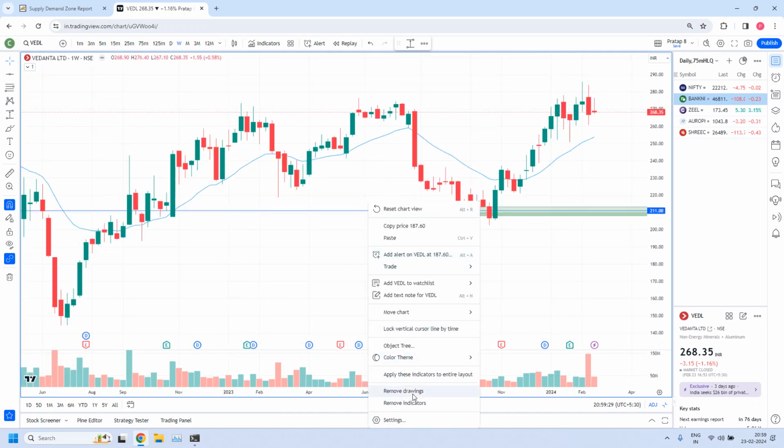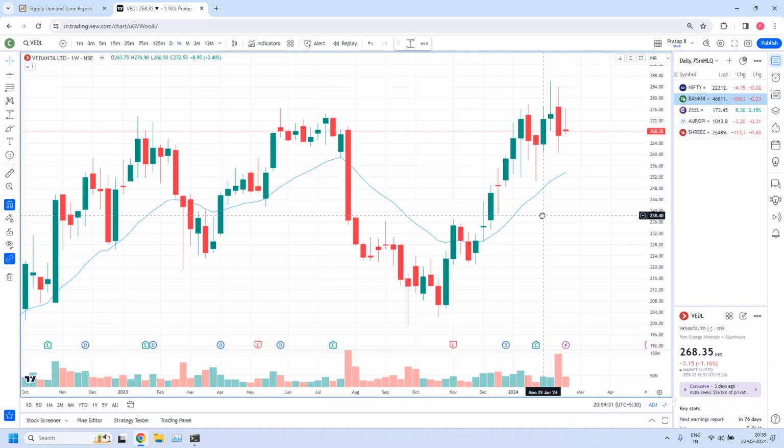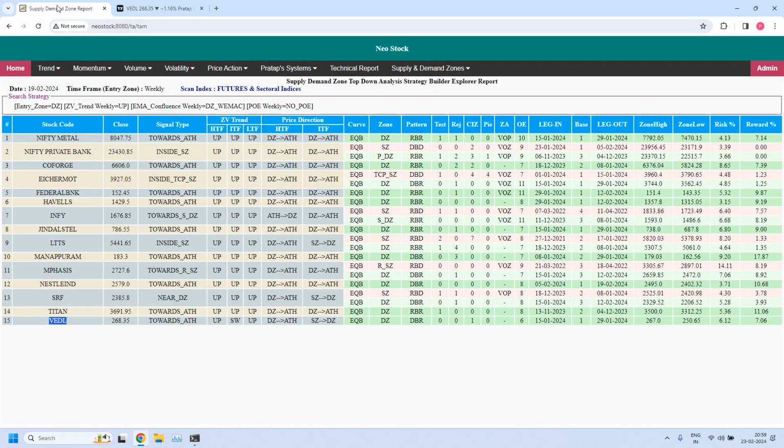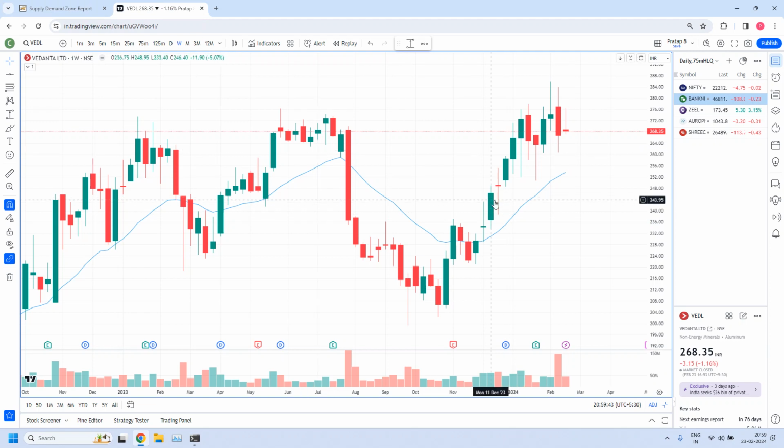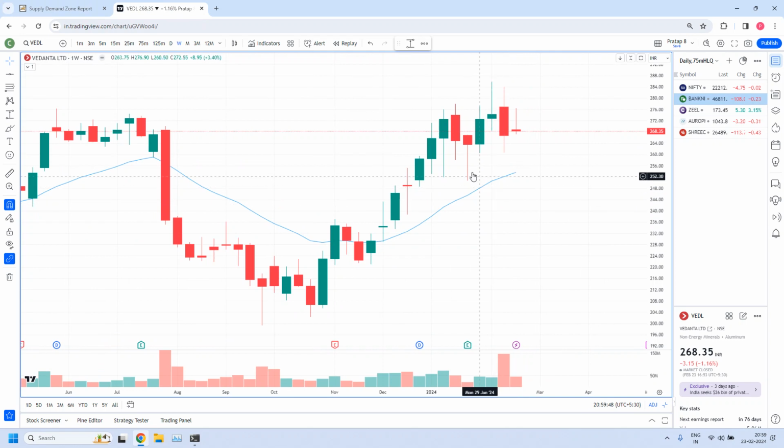Let me remove the drawings. So now it is a fresh chart. Where is the demand zone? Here. 15/1/24, one base candle. 15th January 2024, which candle? This is the one, 15th January 2024.